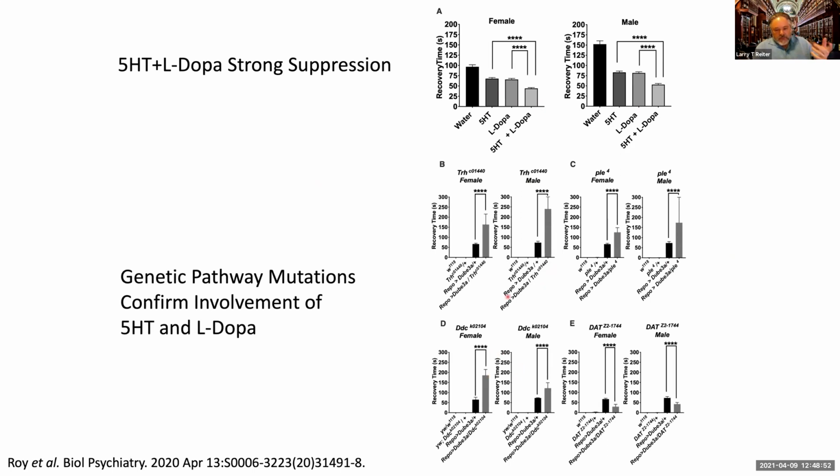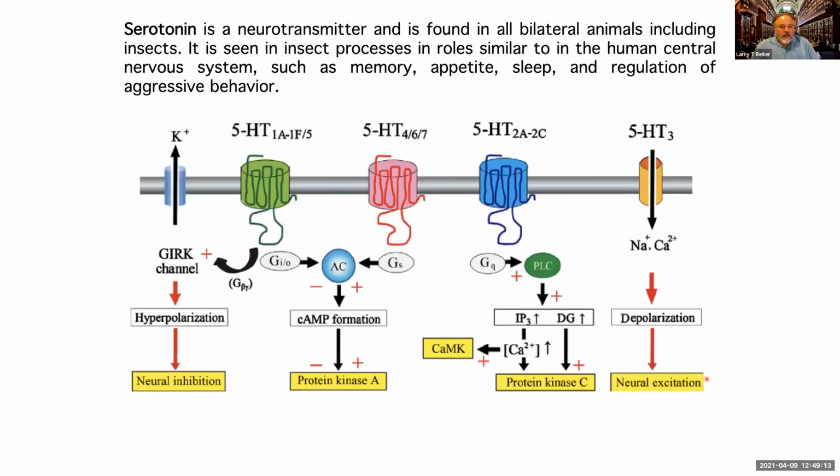So we thought we were going in the right direction by seeing that. And in fact, we go the other way around when we use this dopamine transporter mutation, because now there's going to be more free dopamine. And in fact, the recovery time goes down when we use this DAT background. Okay, so we got somewhere.